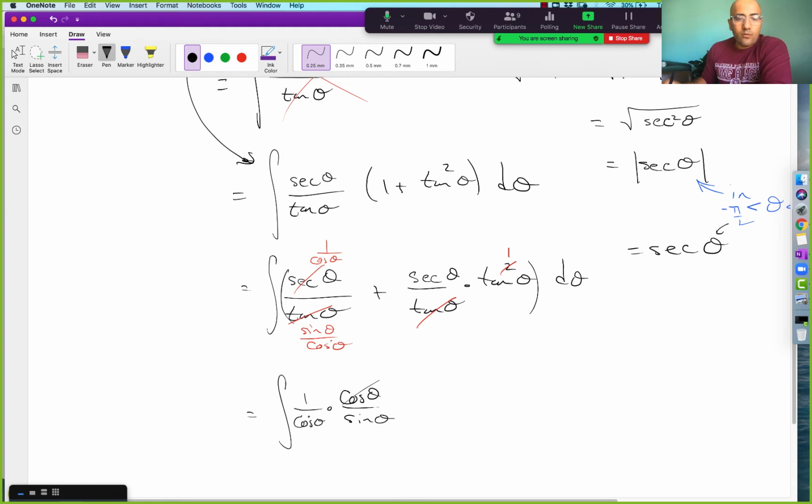So I just end up with 1 over sine of theta in this term, which is cosecant theta. And then over here we end up with plus secant theta tangent theta, and that whole thing gets d theta.